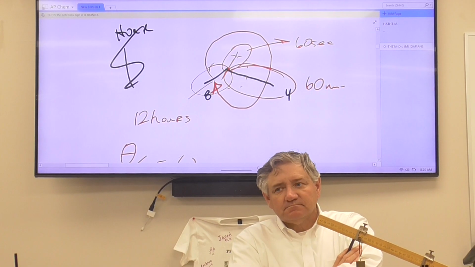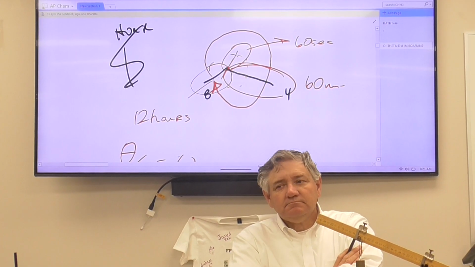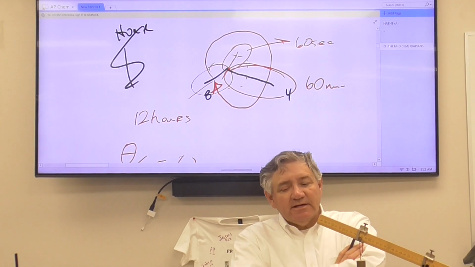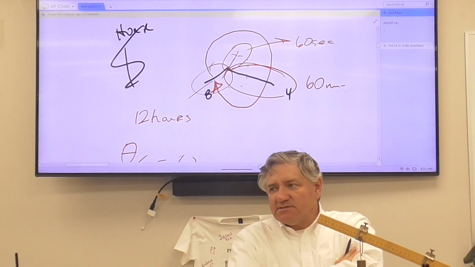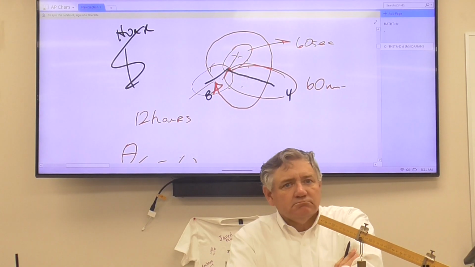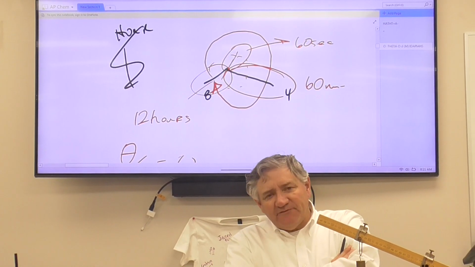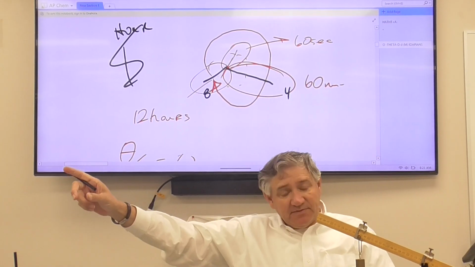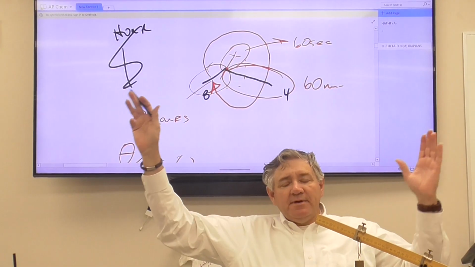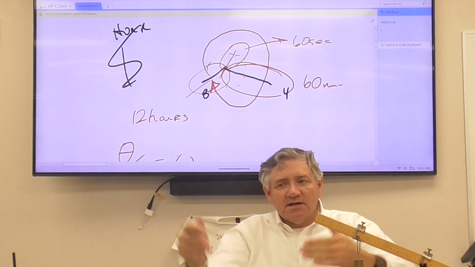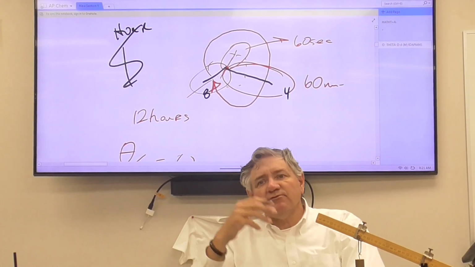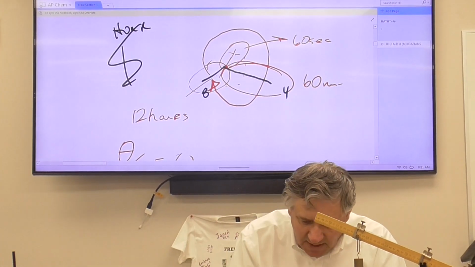Because they're both going the same amount of radians. Is radius a factor in this story? No. So whether it's my watch, the clock that should be up on the wall, or Big Ben in downtown London, it doesn't make any difference. They're all going to travel through the same number of radians in a certain amount of time.